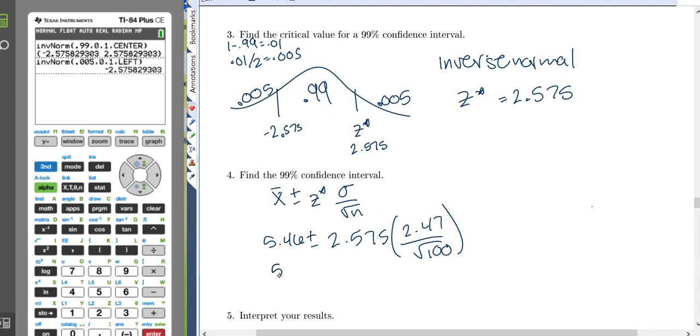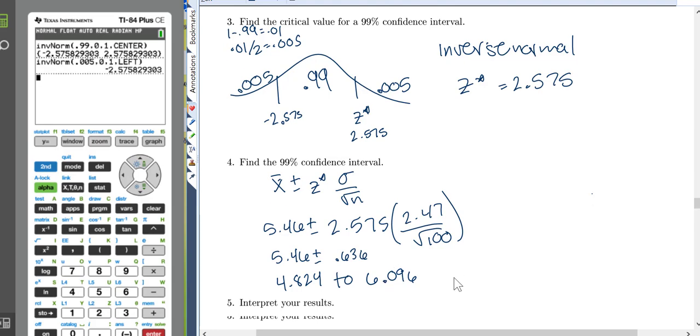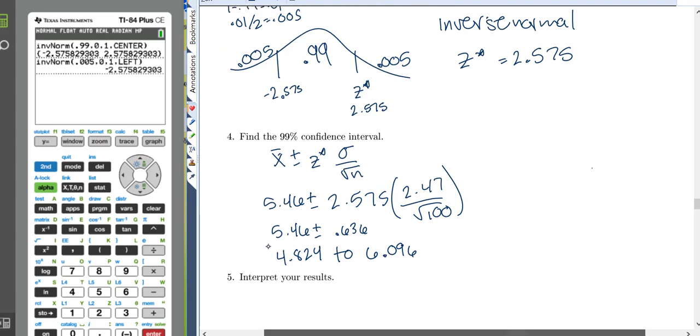So we have here 5.46 plus or minus 0.636. If I do 5.46 minus 0.636, I get 4.824, and if I do the plus part, 5.46 plus 0.636, I get 6.096. So that is my confidence interval.